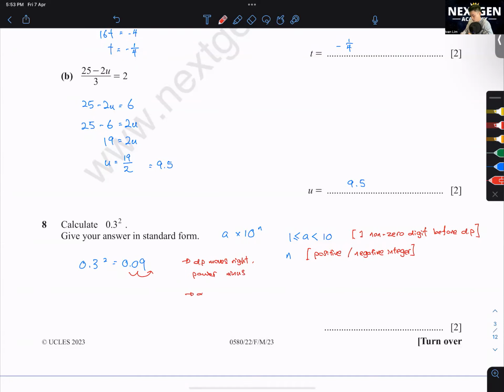Vice versa, DP moves to the left, your power will add, by the number of decimal places that you move. So this one, it moved to the right. So 9 times 10 to the power of -2. Because I moved to the right, so I need to minus 2 to the power.